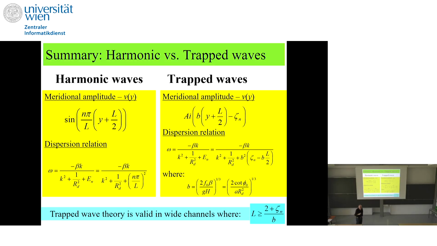But at least I now have a number when I'm telling you, look, if you have a channel that's wider than this number, and again, this B is a combination of the radius of Earth and the radius of deformation, etc., of the parameters in the problem, then you'll get no solution.